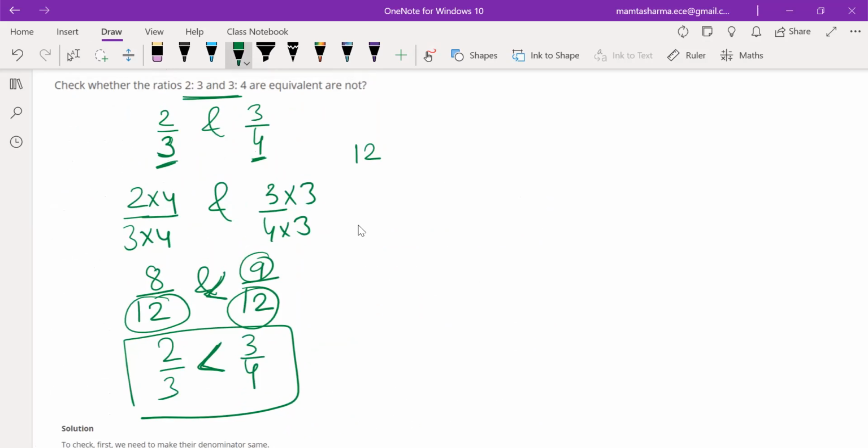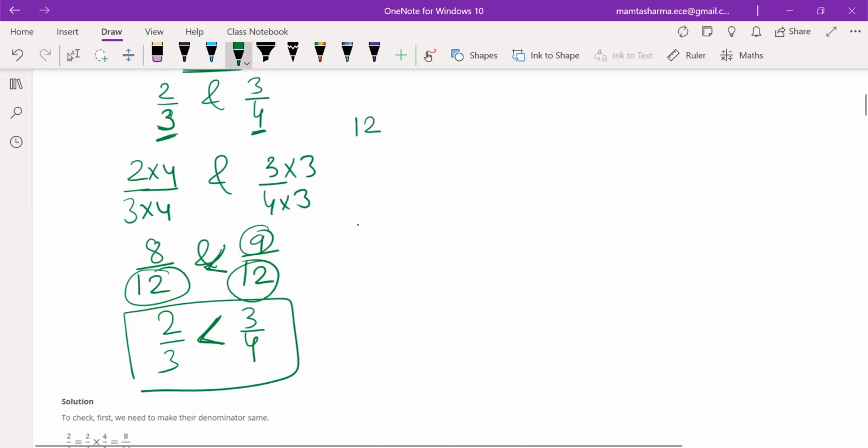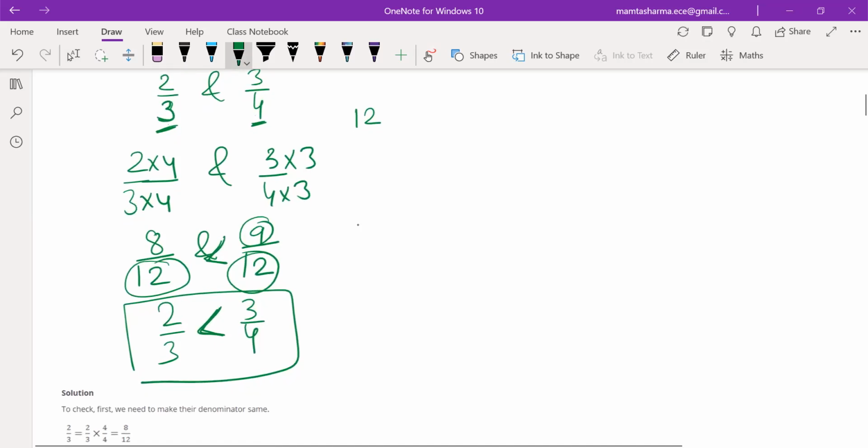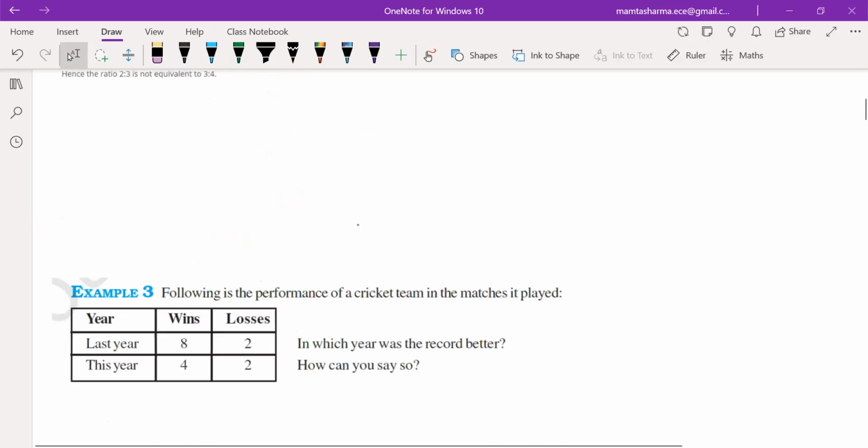And ma'am, if it's an equivalent fraction, then it will be the same number, right? Yes, if they are equivalent, their values are equal. So they will be equal in quantity.